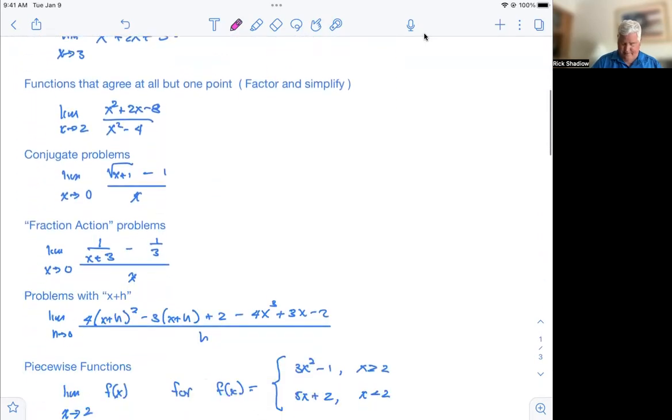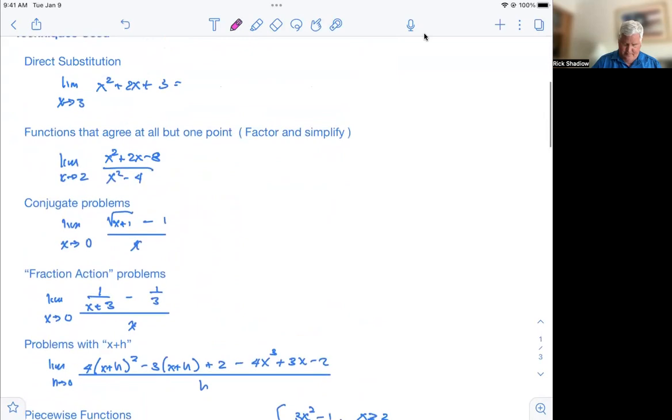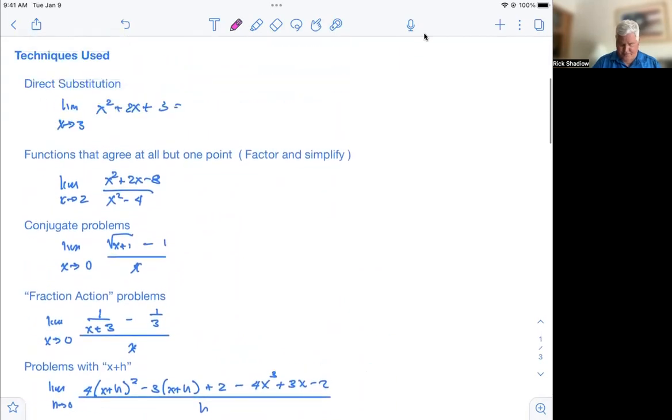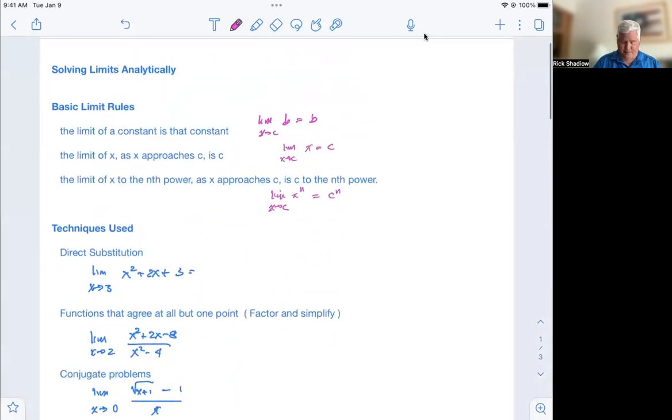We're going to look at 5, I think 6, maybe even different types of functions, and how to evaluate those limits in this video. So the first method here is direct substitution. And that direct substitution, you'll notice, is making use of what I'm going to call rules 2 and 3: x to the nth power, and basically the product rule again.